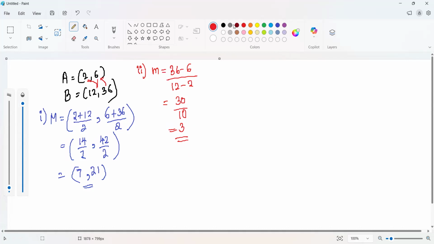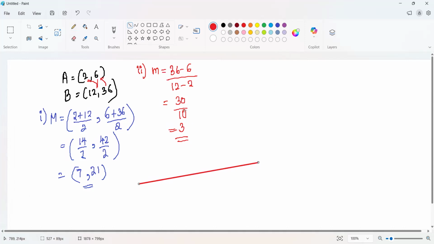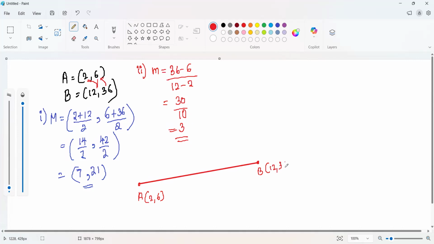Now, if I draw this roughly, I already know the points. Here is point A, which is 2, 6. Here is point B, the other corner, which is 12, 36. The midpoint I draw with a different color.